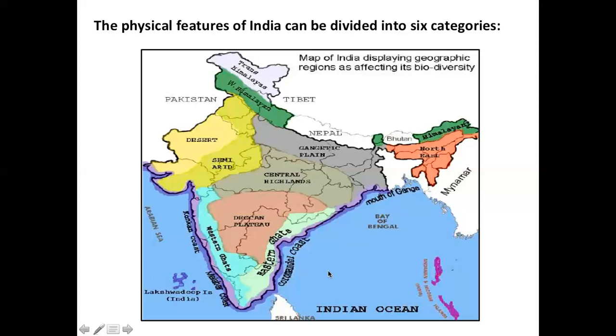So this is the Bay of Bengal and Eastern Ghats. So it is in between the two. And in the same way here in the west, you will see that it is between the Western Ghats and the Arabian Sea. So this is the Western Ghats and the Arabian Sea. So it is in between the two.